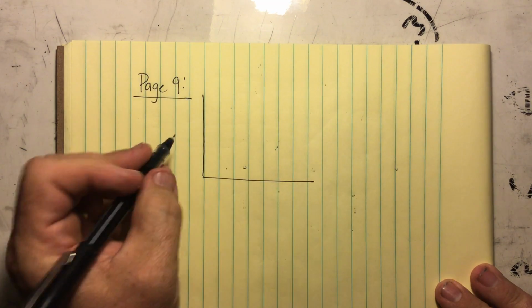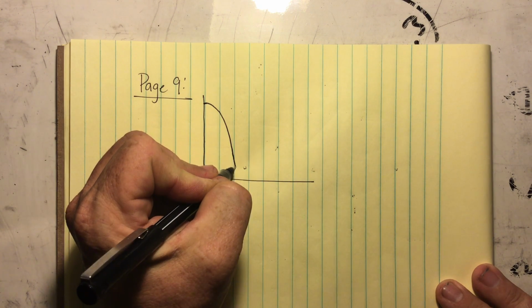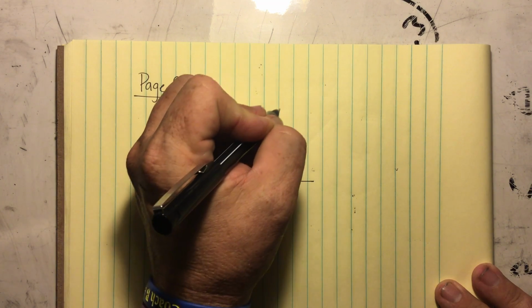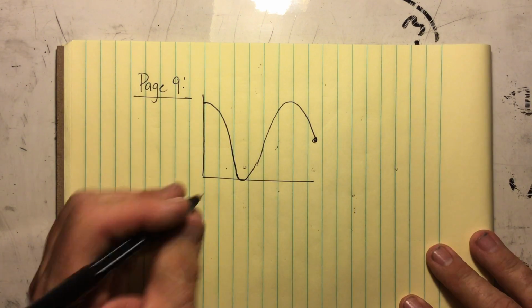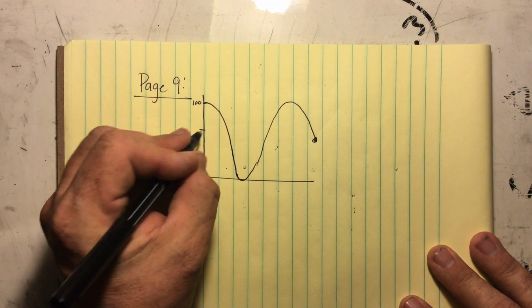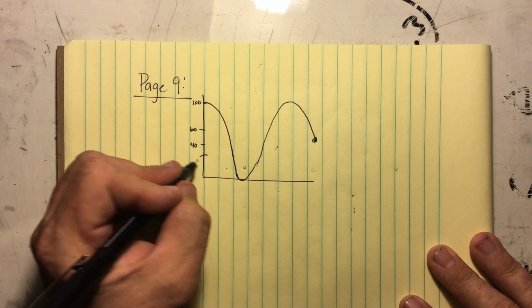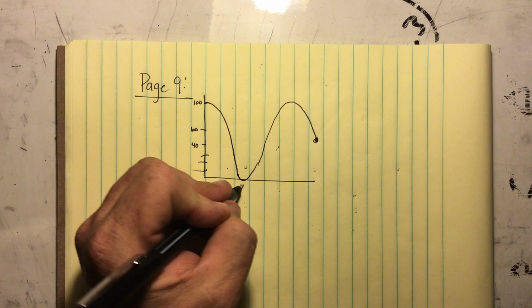So we have the moon's orbit. It starts up here at 100, goes down to 0, back up, and it stops right there at around 50. So this is 100, this is right about 60, and then the 40 is right about here, and then it kind of does its thing, and then right here is 14 degrees.